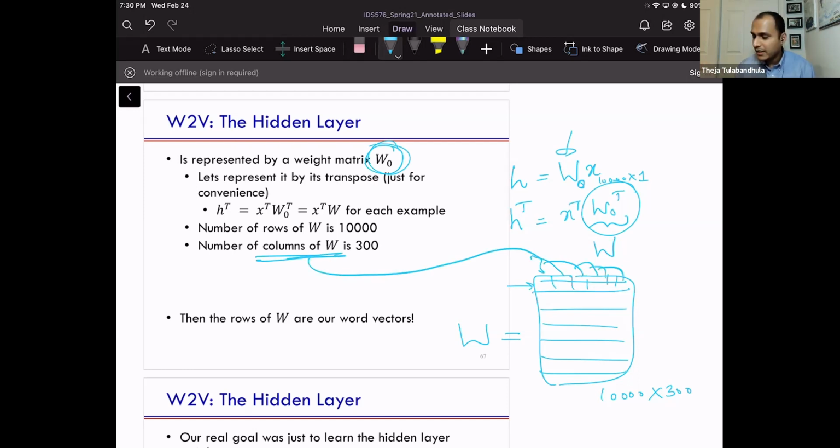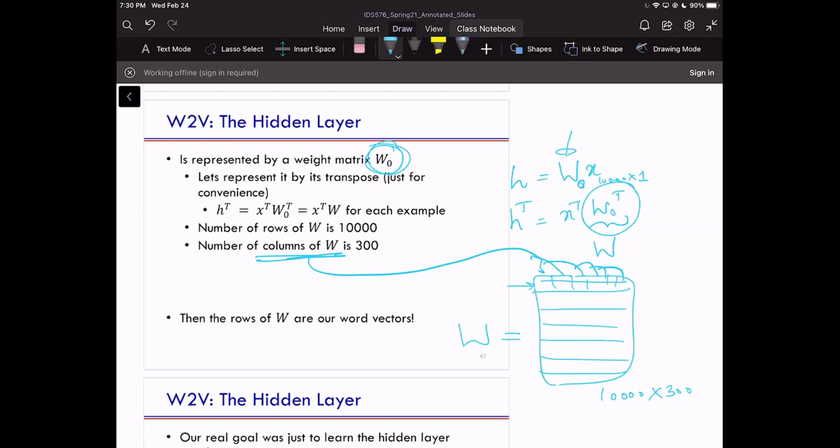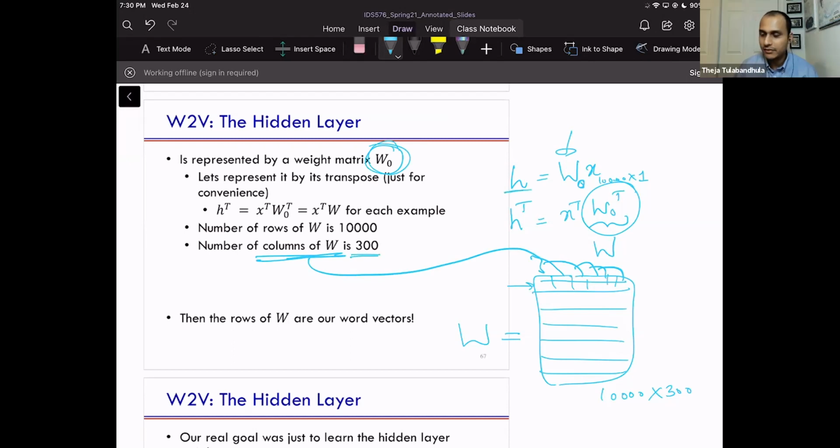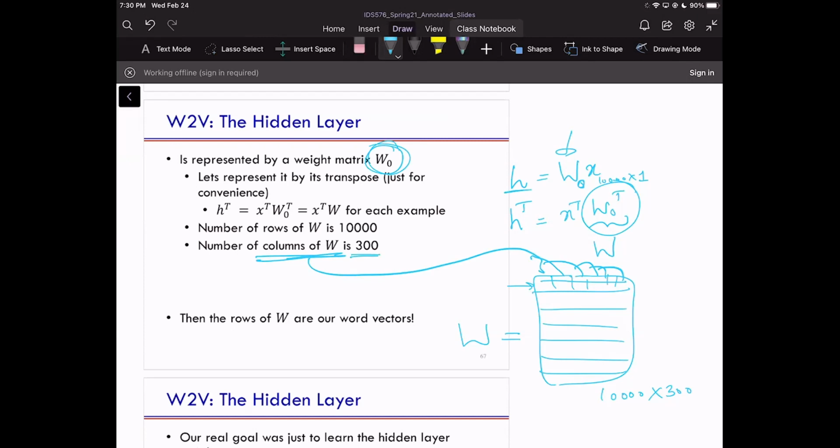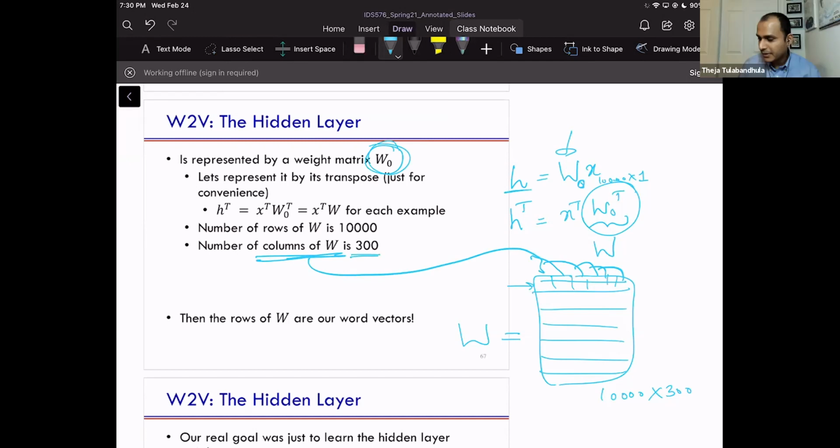In the neural network, it's going to be the number of neurons. This 300 is because if you think of the transpose, the hidden vector is 300 dimensional, so the number of neurons is 300, because each neuron is going to produce one number, right? So we will set this parameter. For example, we chose this to be 300. Okay. Thank you.